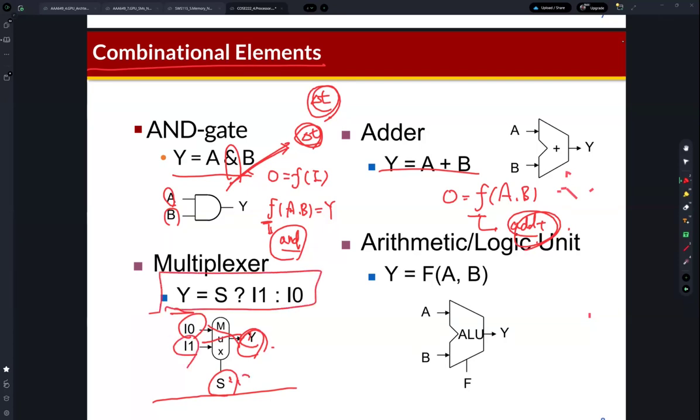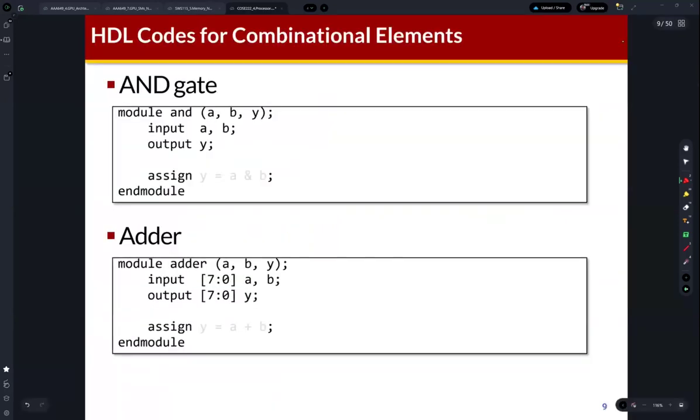This is the function of a multiplexer. I believe you can understand this function. This is the C representation, right? And then this is the ALU, the arithmetic and logic unit. These are all combinational units.